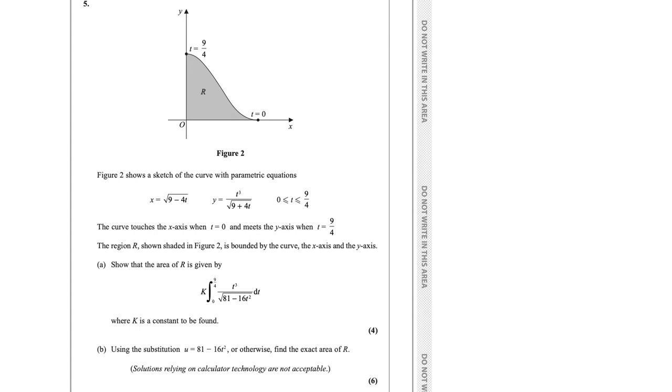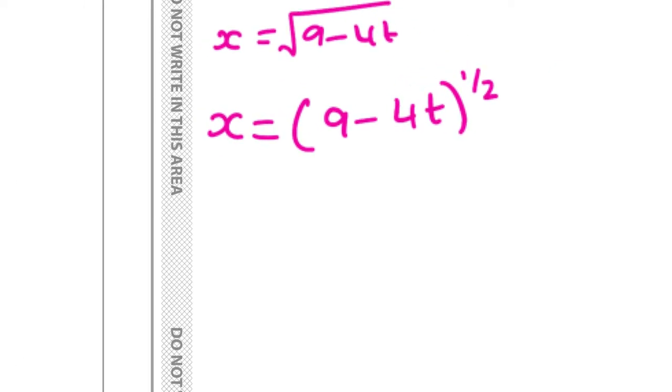So, the first thing we're going to do is, we know whenever we have parametric equations, we're going to have x equals the square root of 9 minus 4t, which we know can be written as (9 minus 4t) to the power of a half. Okay?